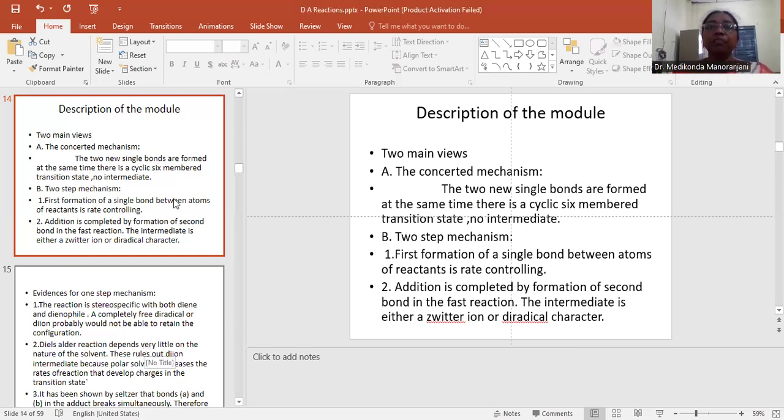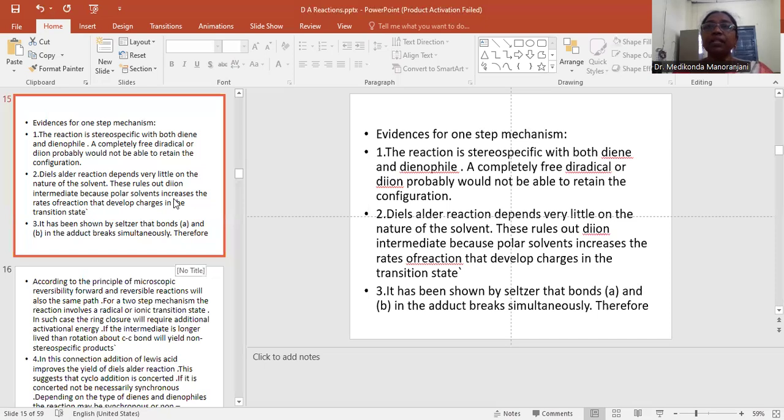Evidences for one-step mechanism. The reaction is stereospecific with both diene and dienophile. A completely free diradical or diion probably would not be able to retain the configuration. Diels Alder reaction depends very little on the nature of the solvent. This rules out diion intermediate because polar solvents increase the rates of reactions that develop charges in the transition state.